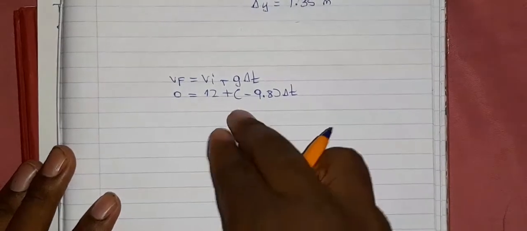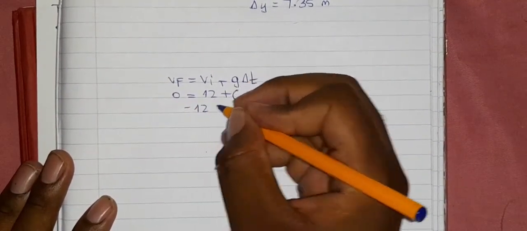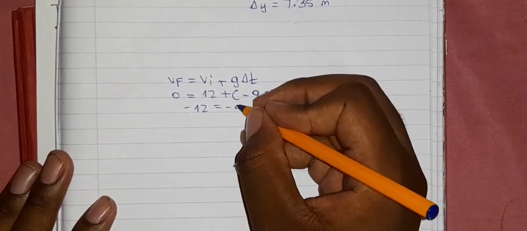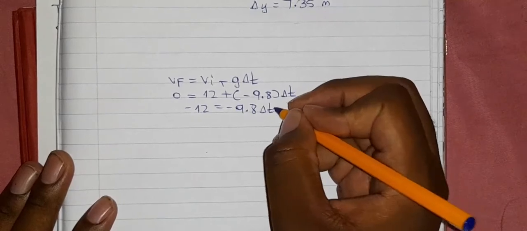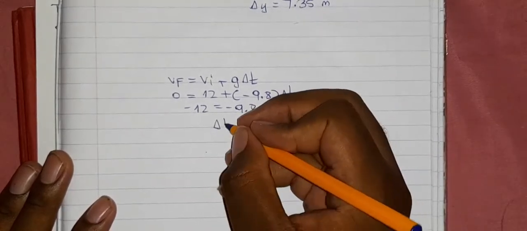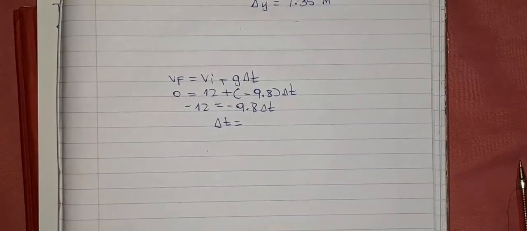So positive 12 to the other side becomes negative 12, which equals negative 9.8 change in t. So change in t equals 12 divided by 9.8, which becomes 1.22 seconds.